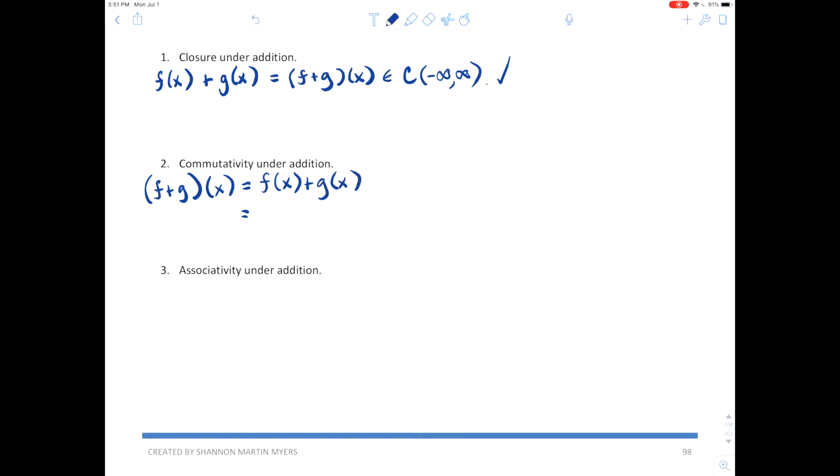But we know that is equivalent to g of x plus f of x. And again, we're working with the set of continuous numbers. And so that in turn is equal to quantity g plus f at x. And so we've shown that one.